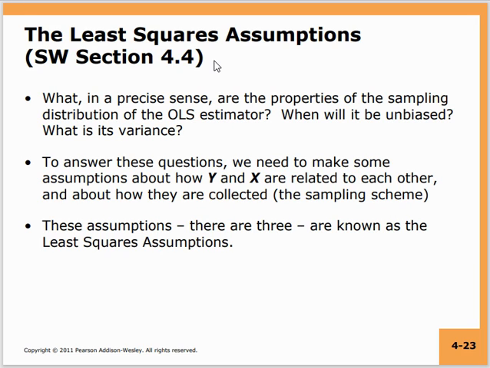Now we come to the least squares assumptions. So what are the properties of the sampling distribution of the OLS estimator? Now this is very important. So we come to the idea of the sampling distribution of the OLS estimator. Remember that we don't know the true beta 0 and the true beta 1, which are the population parameters.